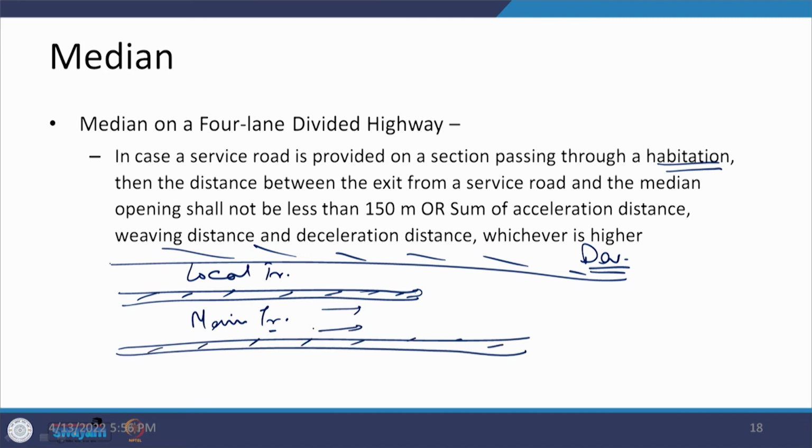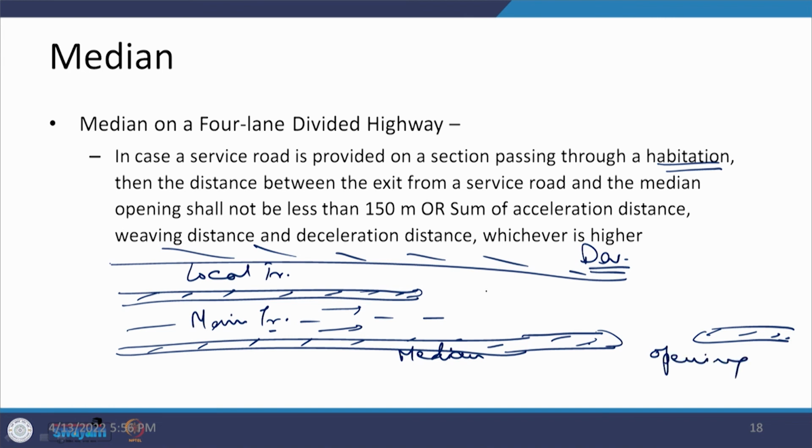The traffic is moving in this direction because it is a divided, say 2 lane system, and we are providing an opening in the median at this location. So, this is my median and this is the opening there, and there is a possibility that this continues here also, but this is my exit for this traffic and entry in this form. That is what we are looking at.